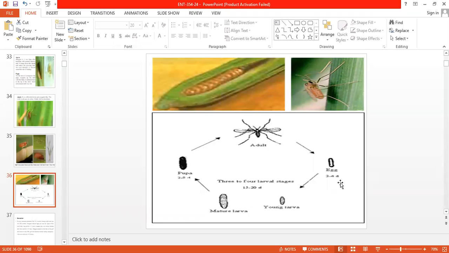After that, maggots come out from the eggs. Maggot period is near about 8 to 10 days. Then the maggot goes to pupation at the base of a gall. Pupal period is near about 6 to 7 days, and the total life cycle of that pest is completed within 15 to 20 days.